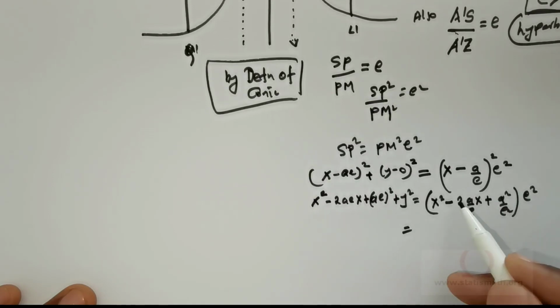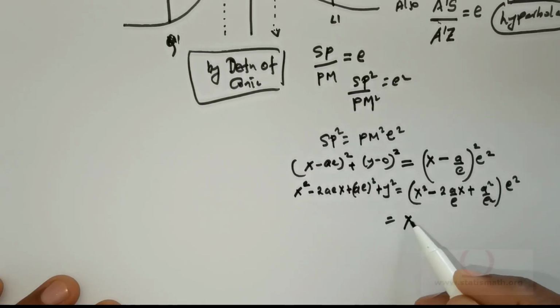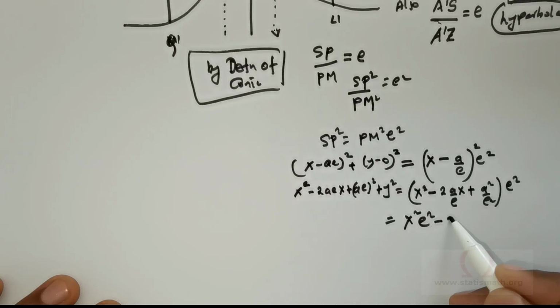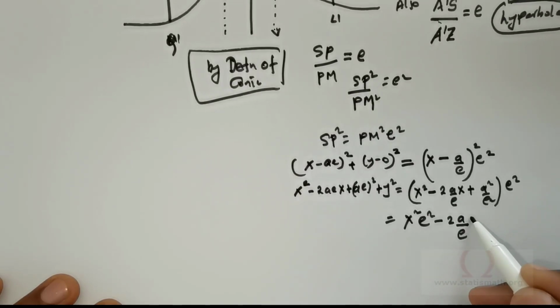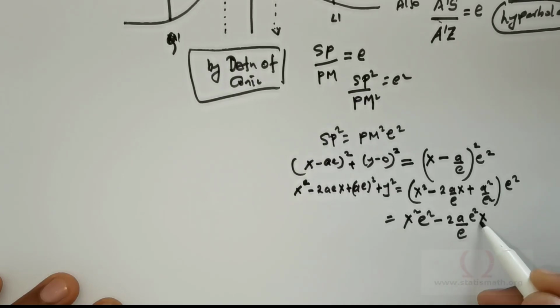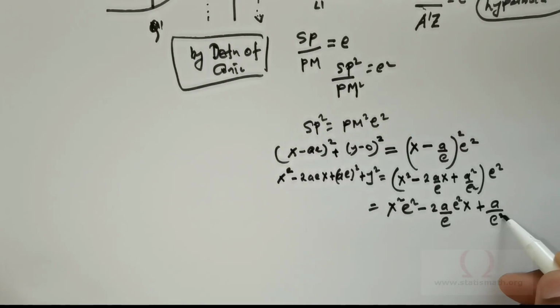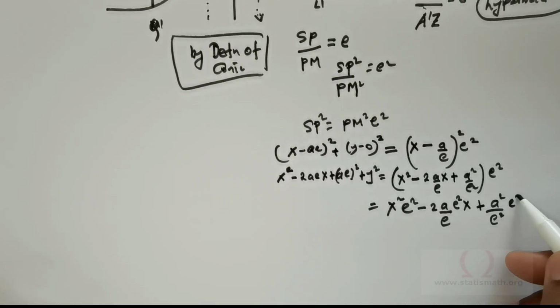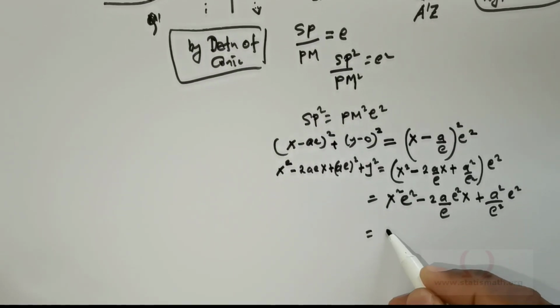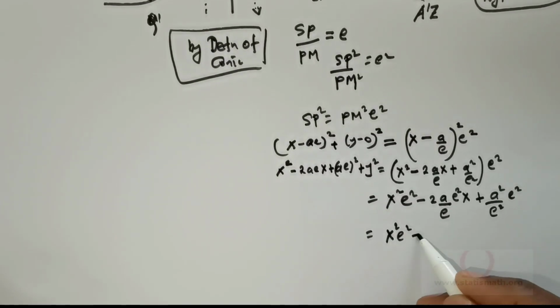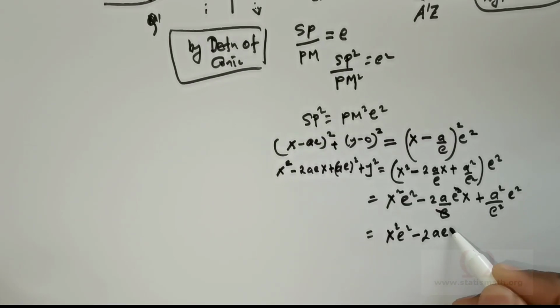So this is rewritten as x squared e squared minus 2ae times e squared times x plus a squared over e squared times e squared. So this is rewritten as x squared e squared minus 2, e gets cancelled here, aex, e squared and e squared can be cancelled, giving me a squared.